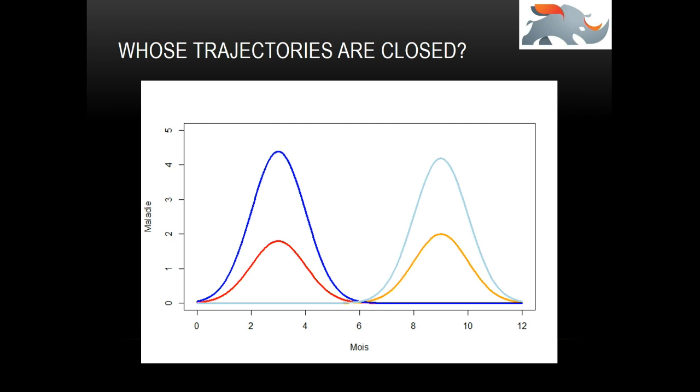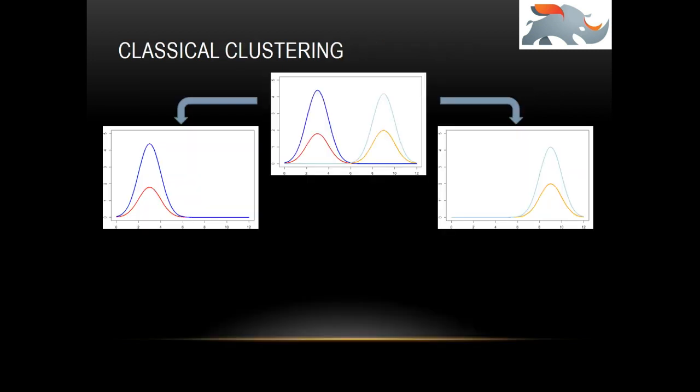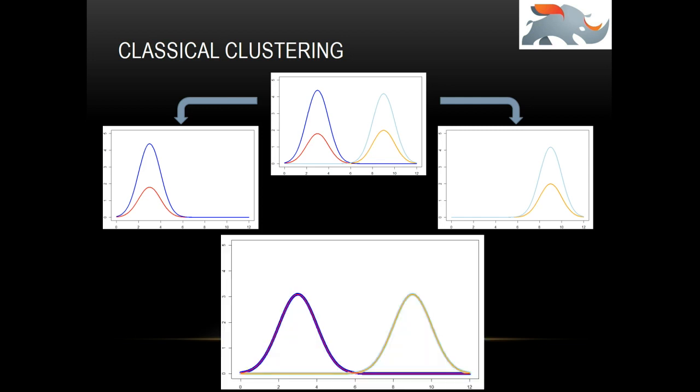And so here, the algorithm will say the blue and the red have similar shape, and the light blue and the orange have similar shape. So the algorithm will find two clusters, and, sorry for my English, the mean trajectory of each cluster is the one drawn down.